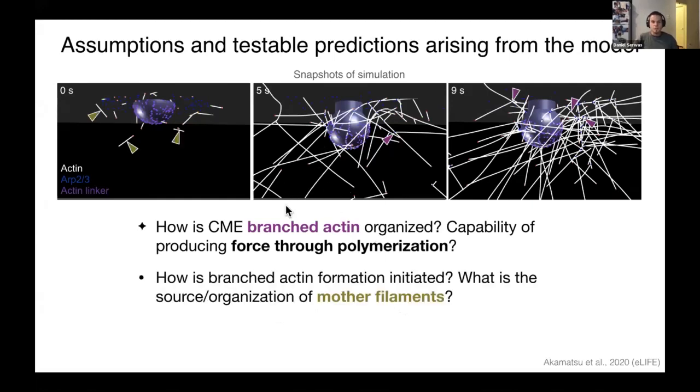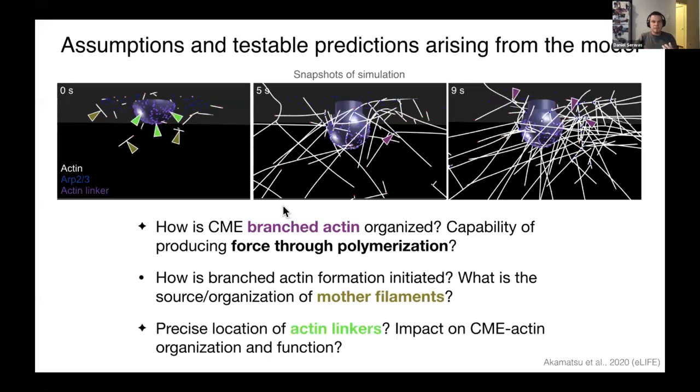We wanted to understand how this branched actin formation is initiated. So what's the source of these mother filaments and how are they organized? And then I will talk about what the precise localization of these actin linkers, this HIP1R molecule, is, and what's the impact of the localization on CME-actin organization and function.